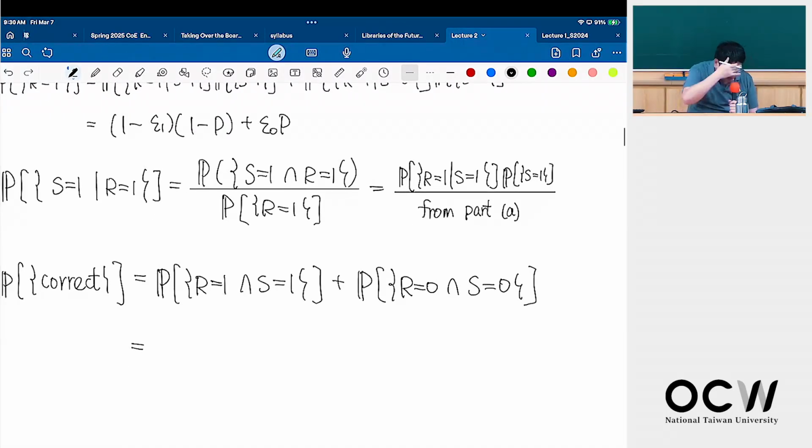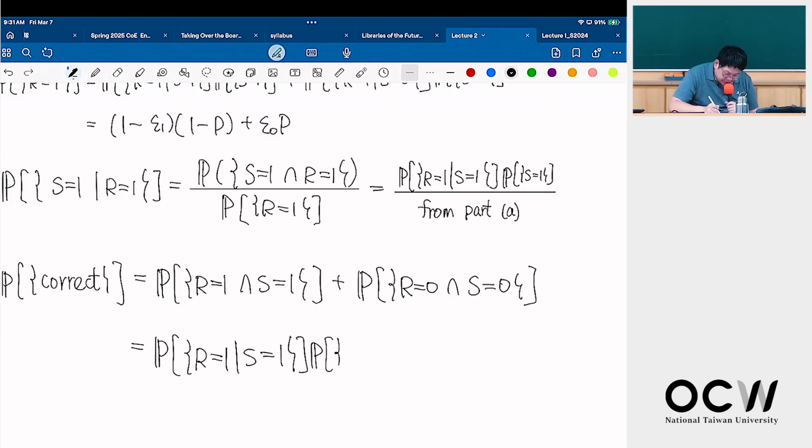So here we still use the conditional probability. 1 is received given 1 is sent, and the probability that 1 is sent we also need to include.